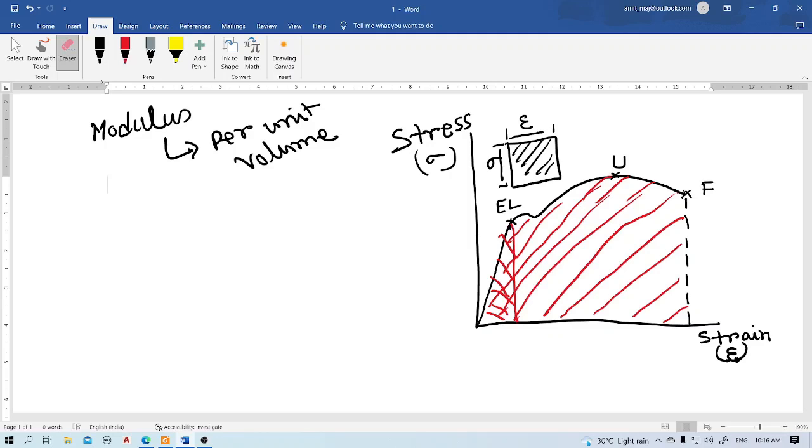And remember one thing, this toughness property is a very required property for structural steel, because in case of structure, what is structural steel? Means the steel by which most of the structure parts are made. So in structural steel this is a very required property, toughness.